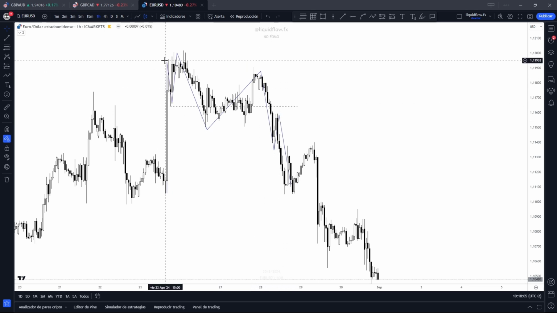So, a sweep of liquidity, a break below the order block, and some fair value gap created. This area is your fair value gap area, or if you want to use the order block itself, you could take this order block for your reaction after the break below.